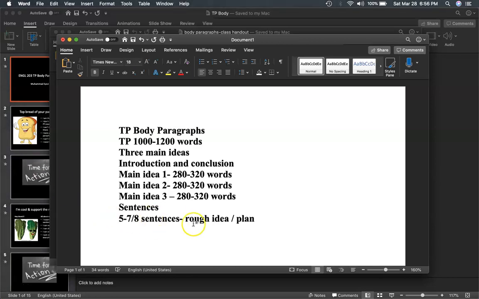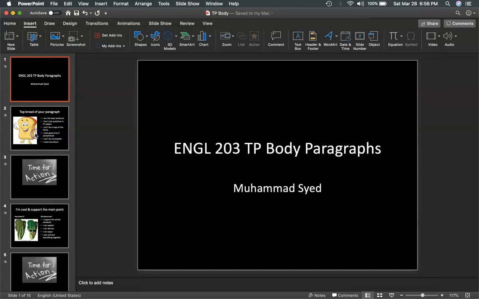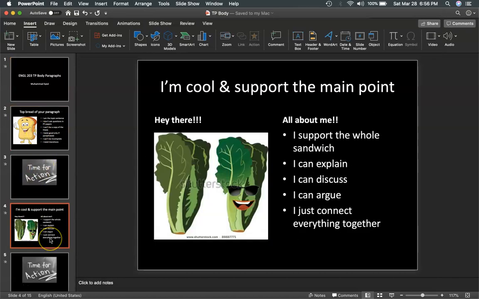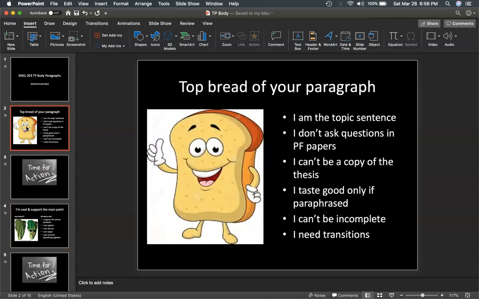Let's start. So there are different elements of the paragraph. You can see that in my PowerPoint I'm using the sandwich approach, so you'll see different elements there. A body paragraph should be like a sandwich or a burger where these are layers and they are all complementing each other.